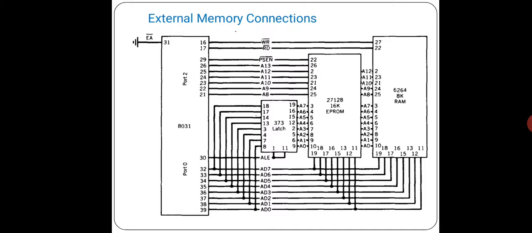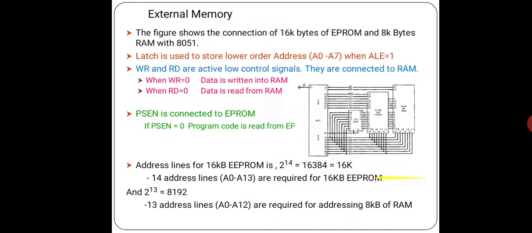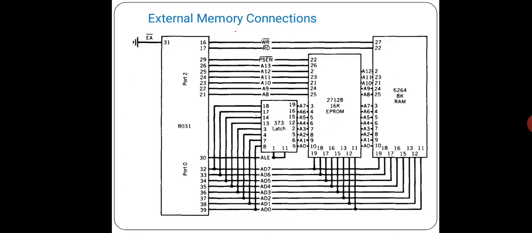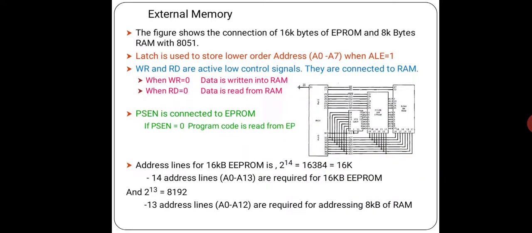How it becomes 16K and how it becomes 8K depends on the number of address lines connected to the memory. How many address lines are connected to RAM? How many address lines are connected to ROM? That is important. This is one of the important questions for your VTU paper. All of you take care of this.